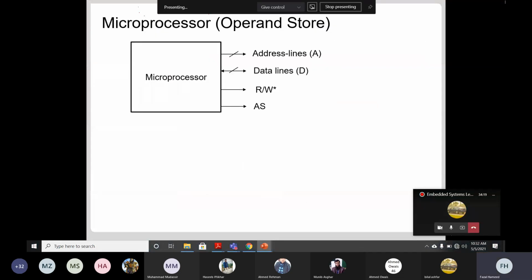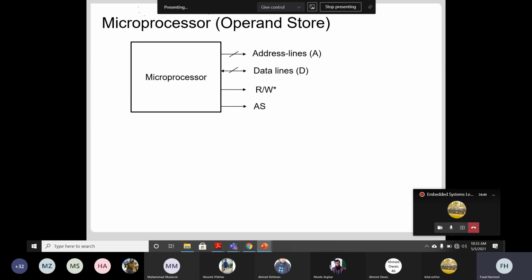Fetch, decode, execute, very good, operand store. Yes. So there are different phases of an instruction.